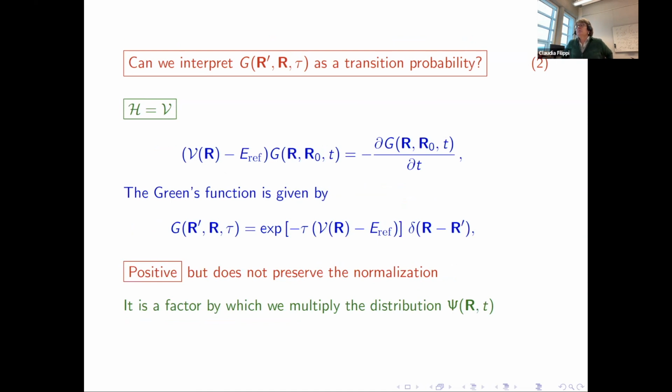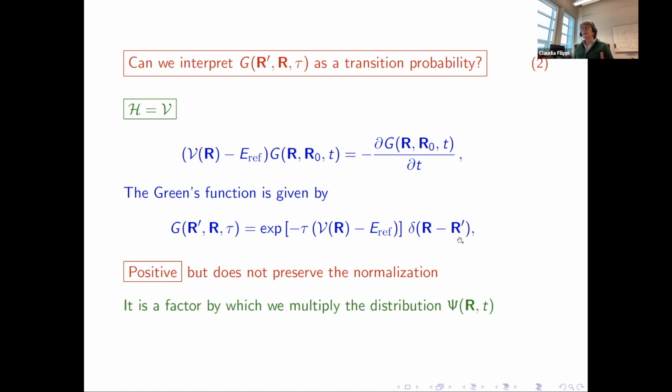Then you can say, okay, very good. Now let's look at the other part of the Hamiltonian. We throw away the kinetic energy, we keep the potential, and the equation becomes something like that. There is a minus in dt, and something multiplying the G. We are assuming a local potential for the moment. What you have is that your solution is just an exponential. You will have your delta function to give you the proper condition, and this is again positive.